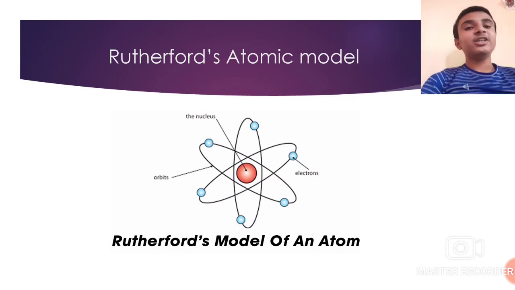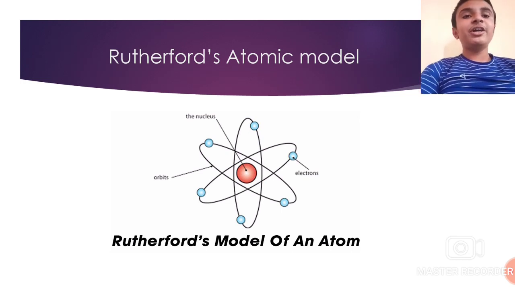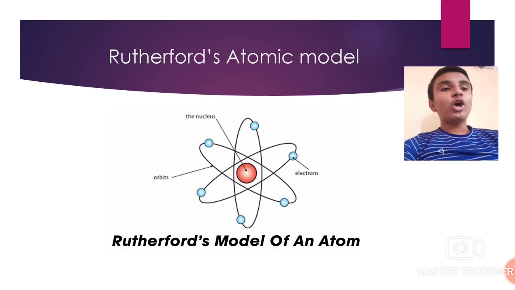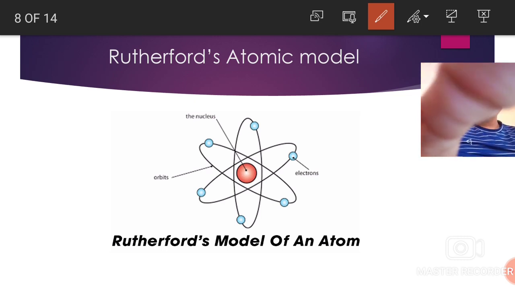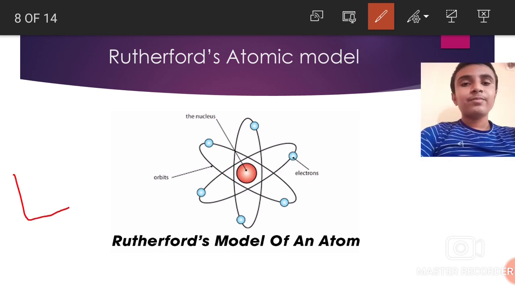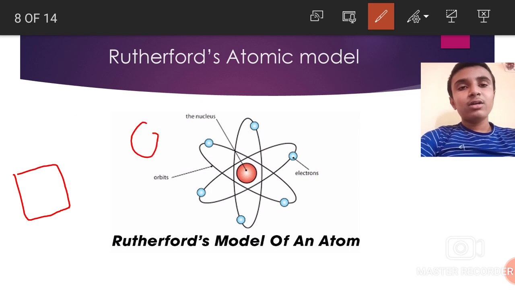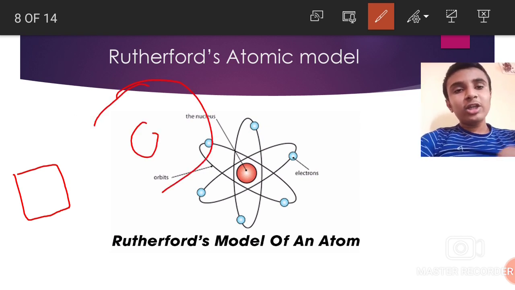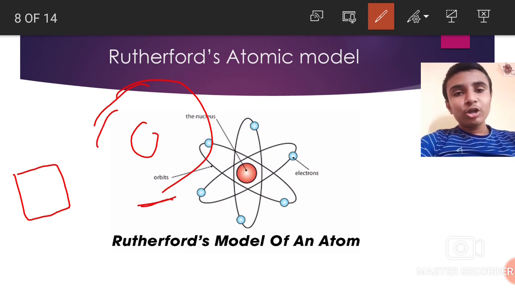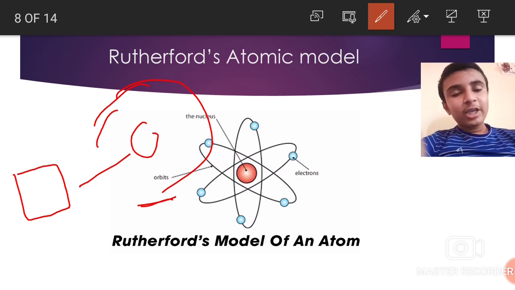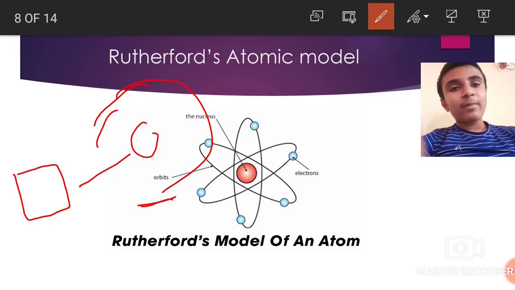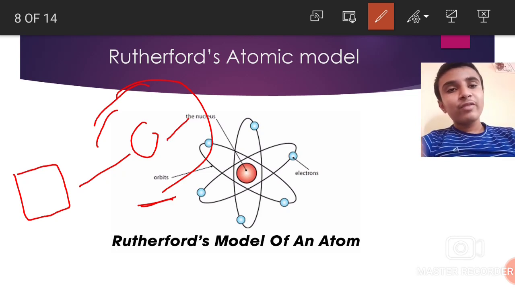Rutherford's atomic model. Now, the scientist Ernest Rutherford did the gold foil experiment. He took an alpha particle emitter and a gold foil, surrounded the gold foil, and left only the entrance part open. When alpha particles were emitted and collided with the gold foil, he saw that some of the alpha particles, the rays, went straight forward.